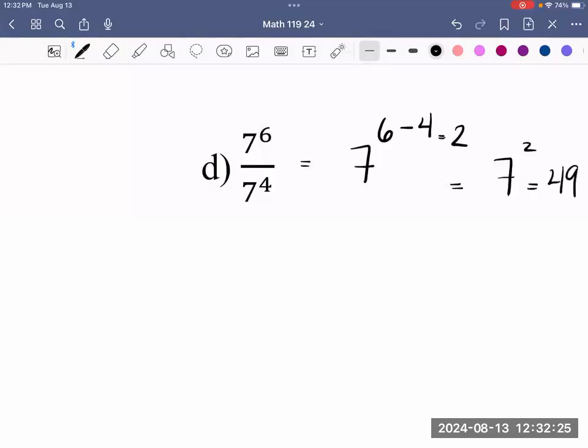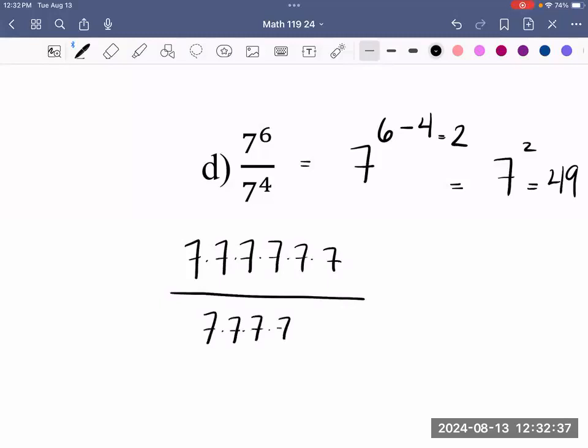Now let's say you're not ready for that. Just like we did at the very beginning, we can write out however many 7s that we have. So we should have 6 on top and 4 below. Because you have the same exact thing below as you do above, we can cancel 1 for 1.